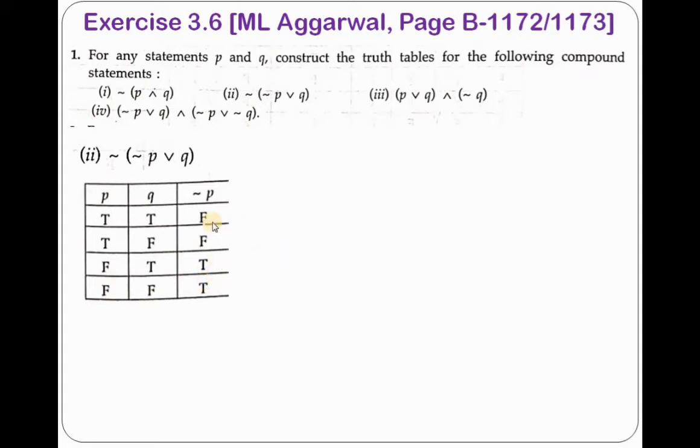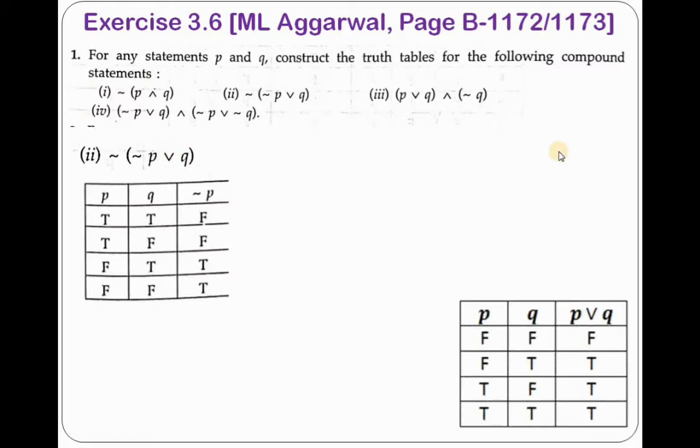Now we need to take OR of negation P and Q. You need to know the table for OR, so I have given you the table for OR for your reference. Here it is F or T, negation P or Q. F or T gives you T. So let us see the truth table for this quantity.